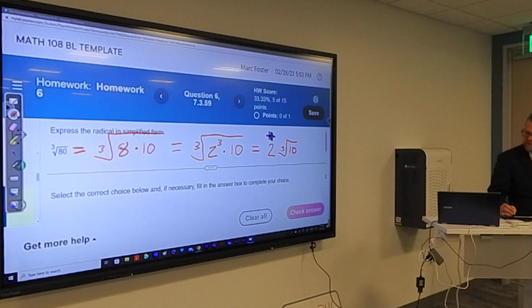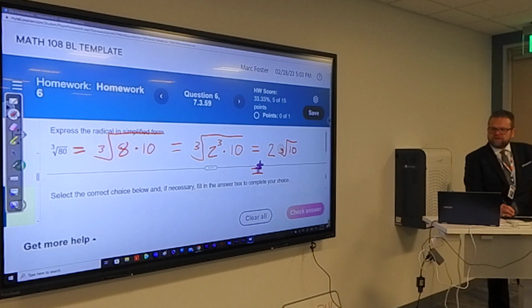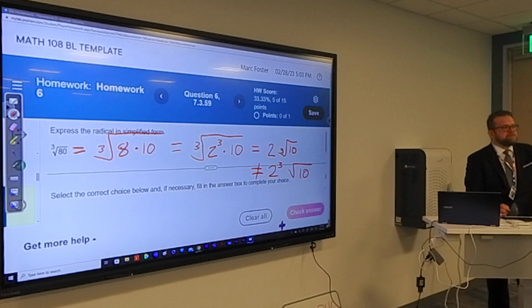Make sure you understand that this 3 is fitting down inside the little hook of the radical. Do not go down to the answer choices and try and write 2 cubed square root of 10. These are different. They reasonably look like they're similar in notation, but very, very different numbers.